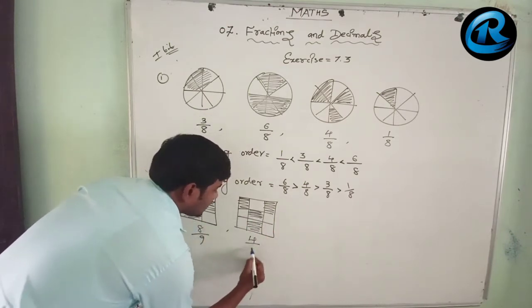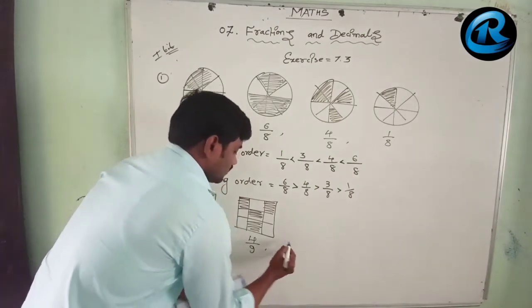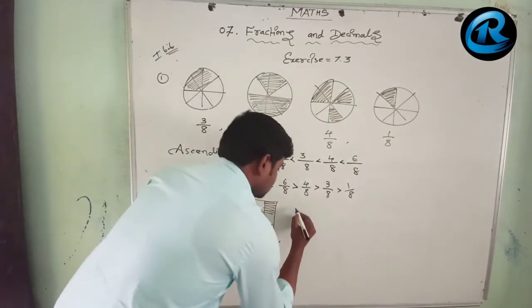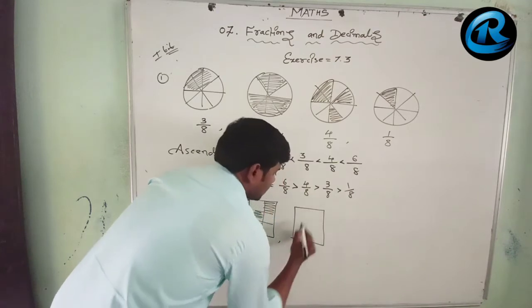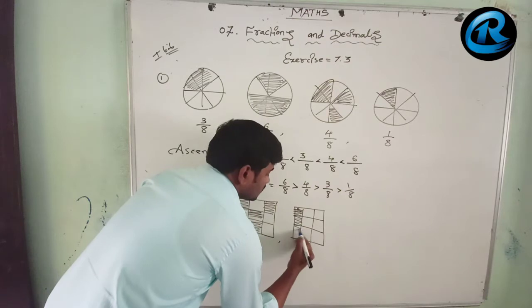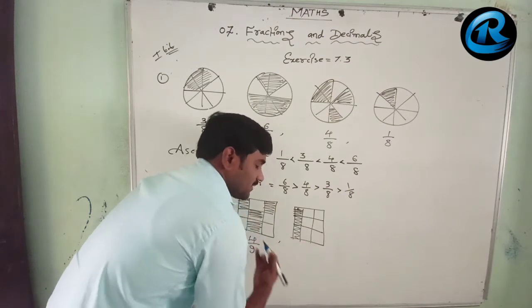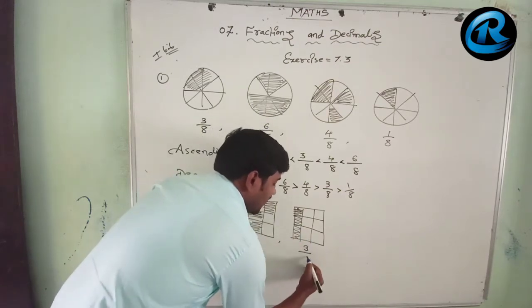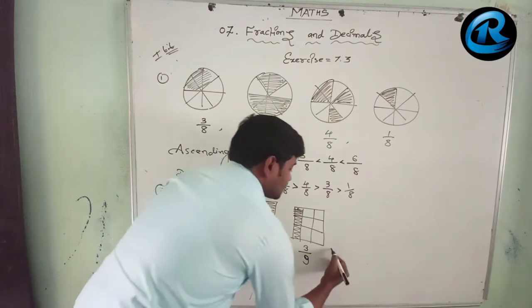So 4 parts are shaded out of 9 parts. In the next square, divided into 9 equal parts as well, 3 parts are shaded out of 9 parts.